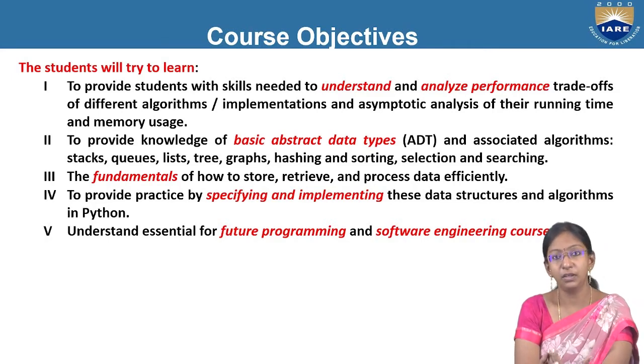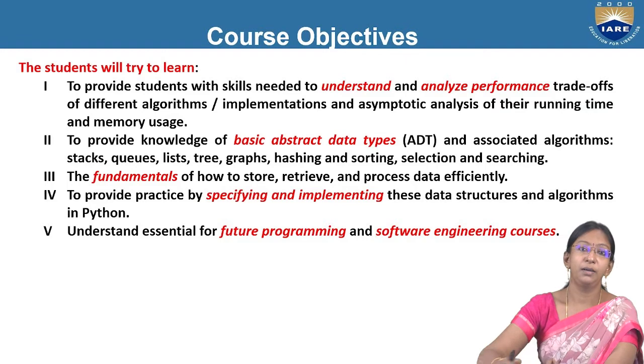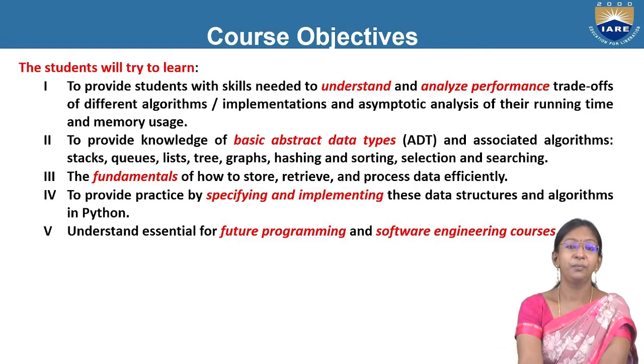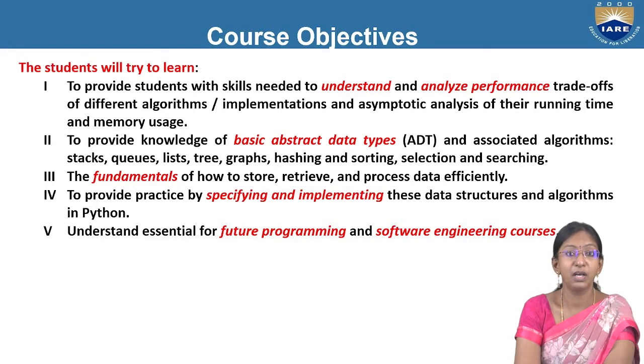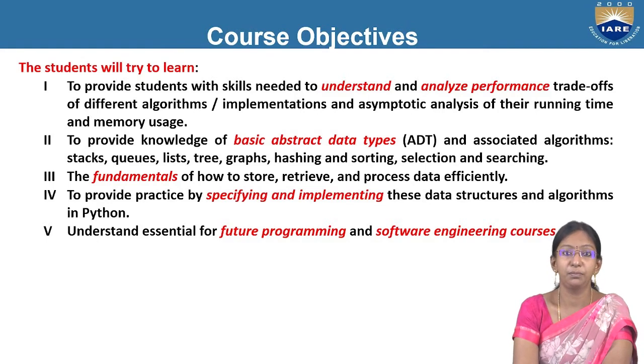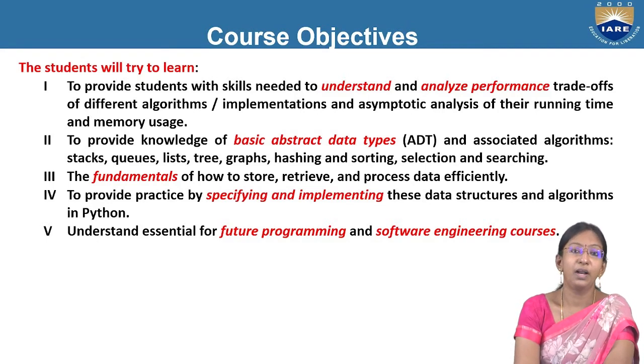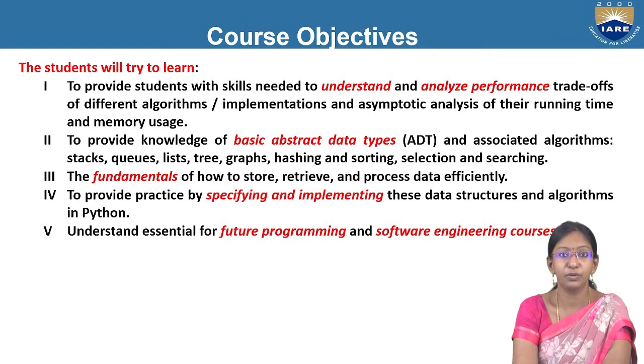When you go deep into this second objective, you'll be able to understand what an array is and what a linked list is, and what is the basic difference between these two, how linked lists are better than arrays in certain situations, and how arrays are more flexible when compared to linked lists. Okay, and how to implement stacks and queues into a working model with the help of arrays and linked lists, we are going to see.